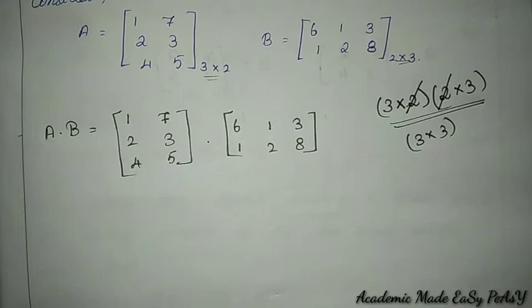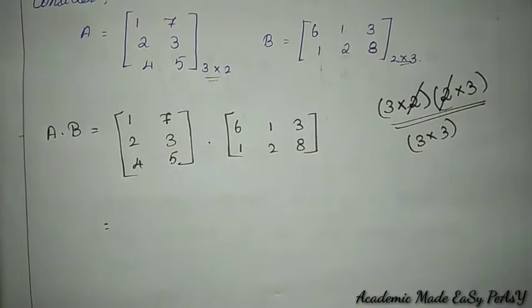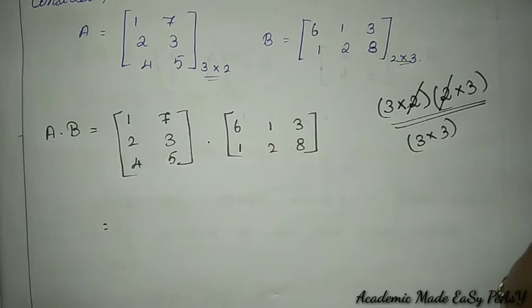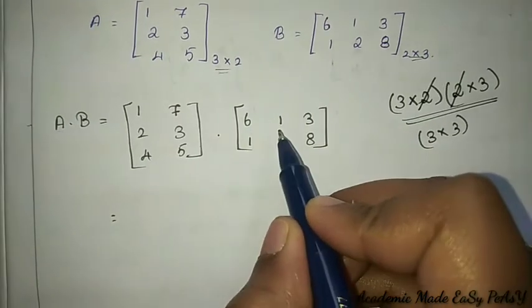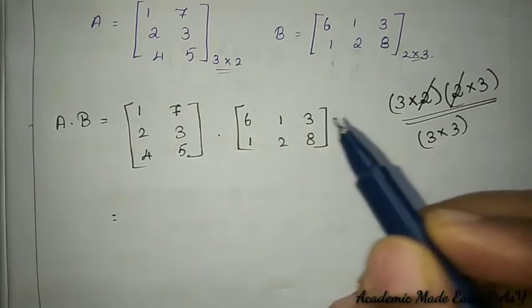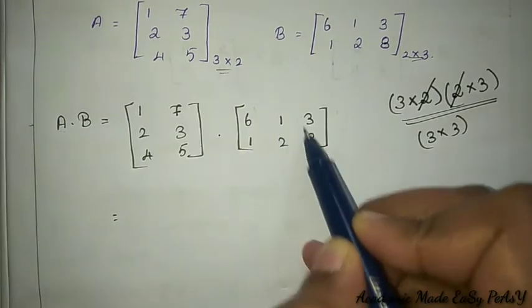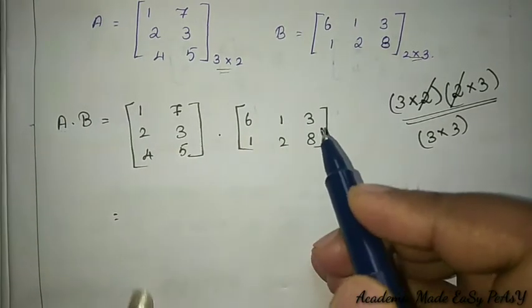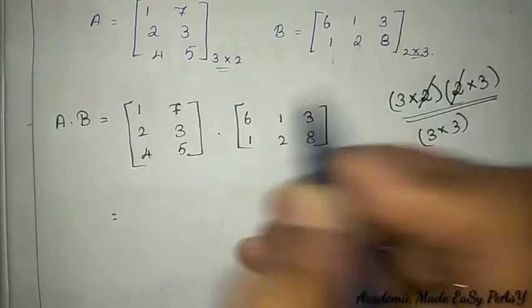So now let me teach you how to do that. As we did for the previous example, the same thing we will be doing. Only thing is, as I said, however many columns we have, that many times we have to write. So here I have 1, 2, 3 columns. So I will write this 1 plus 7 thrice.